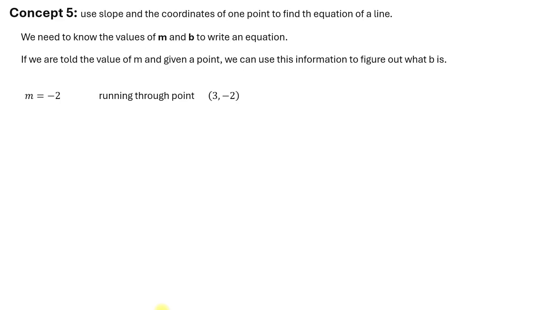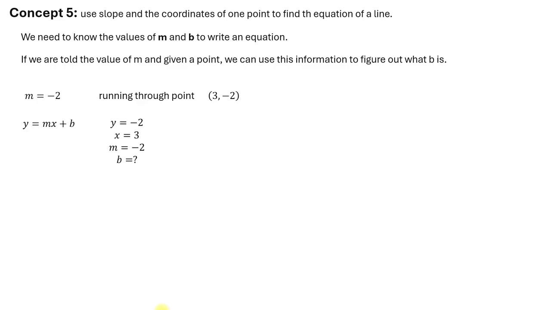So in this question, we're told that m is negative 2, and it's running through a point 3, negative 2. So we have three pieces of information. We're told that y is negative 2, x is 3, m is negative 2, and we need to know what b is in order to write the equation.